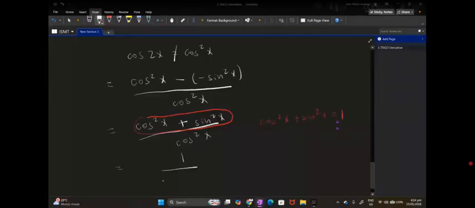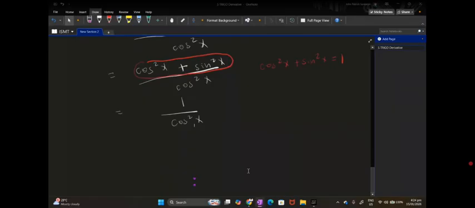So, magiging 1 over cosine squared x. Ayan. Malapit na tayo. So, this is the final answer. Pero ito, pwede pa natin siya i-evaluate using the reciprocal rule. So, ano ba yung reciprocal ng cosine squared x? Is secant squared x. So, this is the derivative of tangent x.